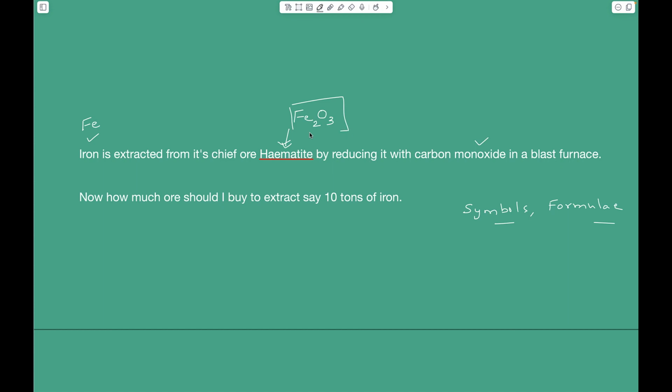And this whole thing is what is called the formula of that compound. And all this information was obtained experimentally. Someone did the hard work for us and we are just using this information. So hematite ore is ferric oxide and its formula is Fe2O3.